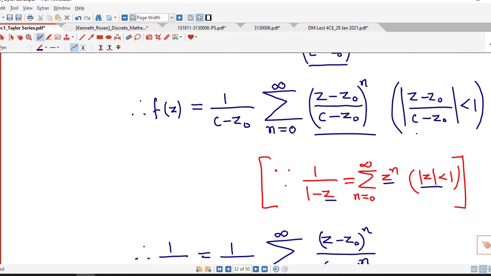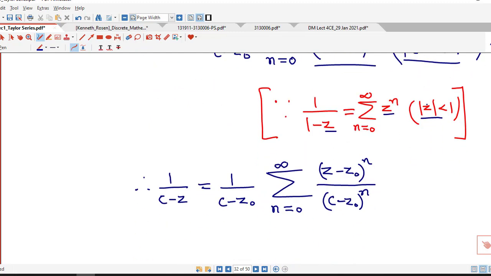The condition is the absolute value of z minus z0 divided by the absolute value of c minus z0 less than 1, and because c minus z0 is different from 0, this absolute value is non-zero.